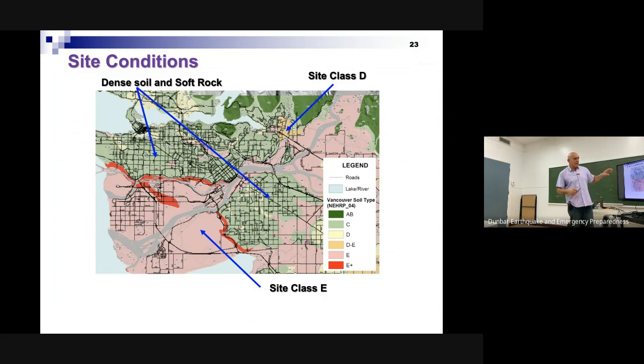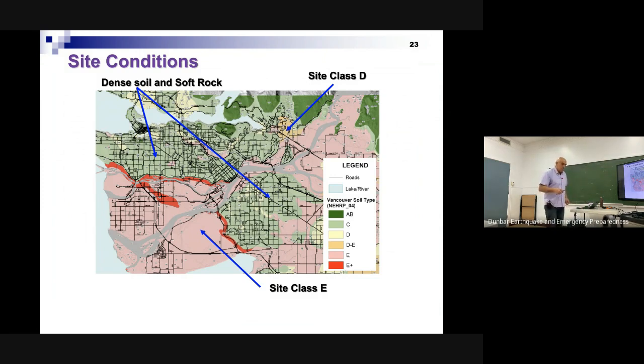There is a project now being done by the provincial government called microzonation. Microzonation is to develop very detailed maps of this area. This is a very coarse map, but next year there will be a release of a map with better information and more detail. The idea is that the map will be on the internet. You click on that, and it's going to give you more detailed information.